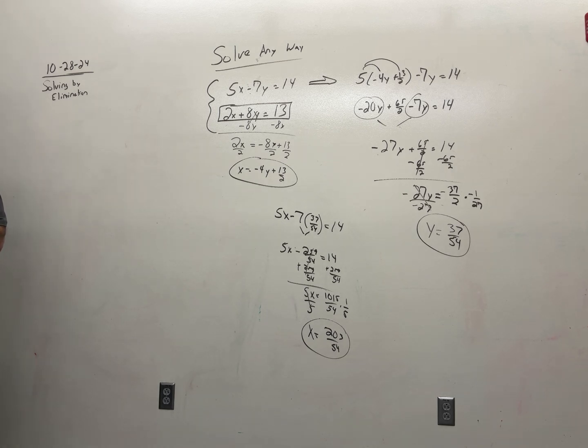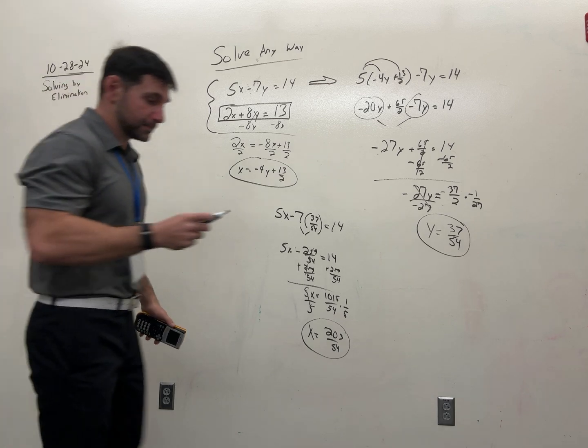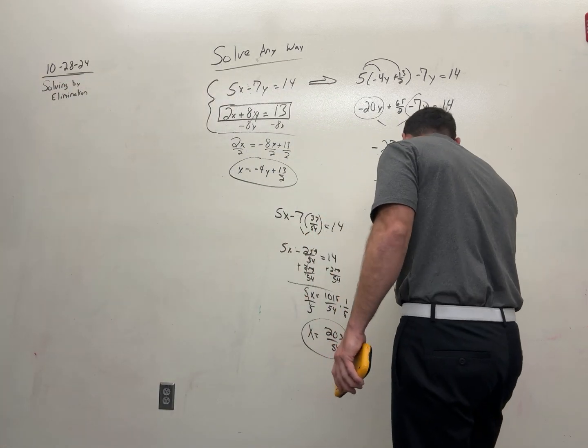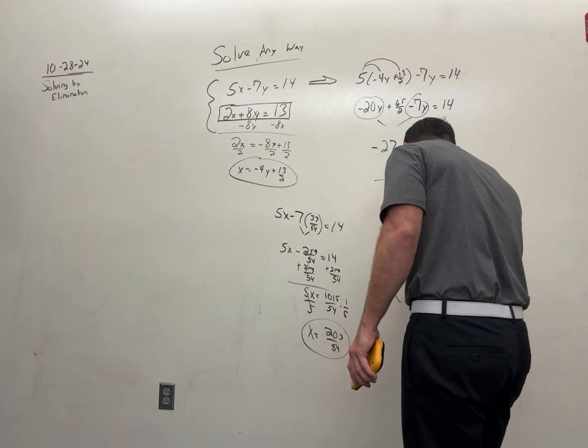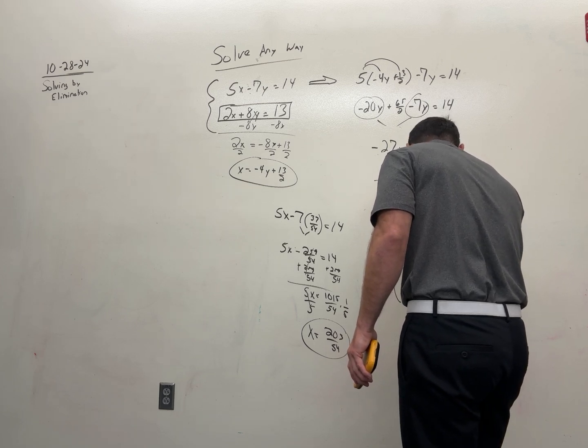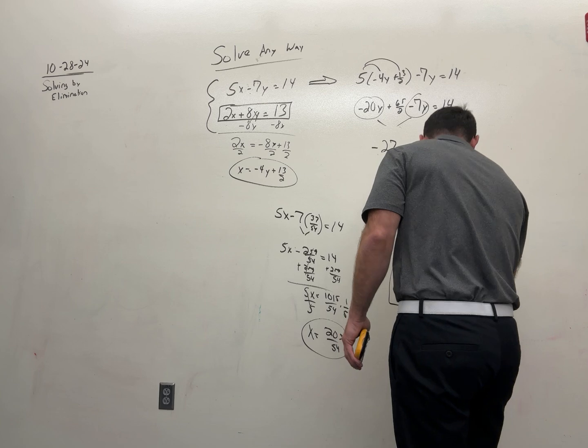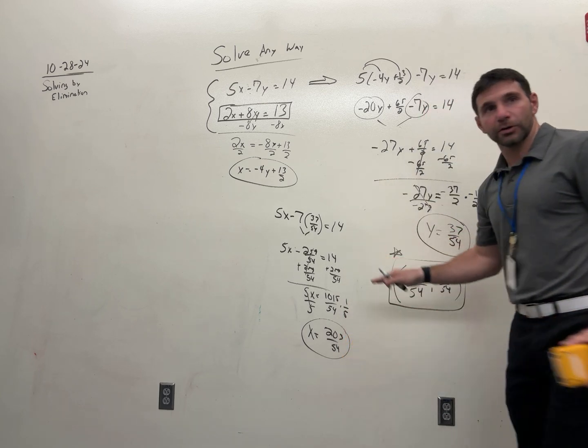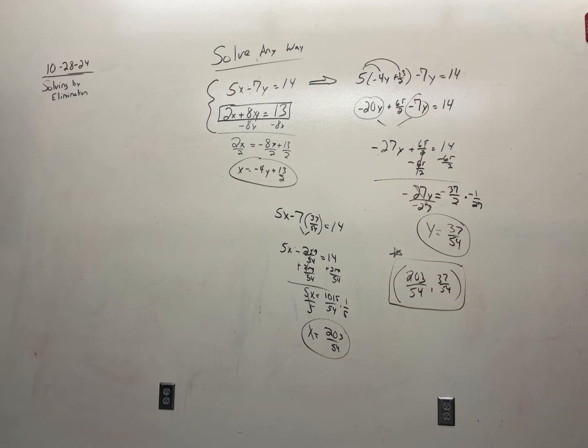What's my answer? When we're solving a system, the answer is an ordered pair. So my answer is 203 54ths, comma 37 54ths. This will be harder than any question that you do.